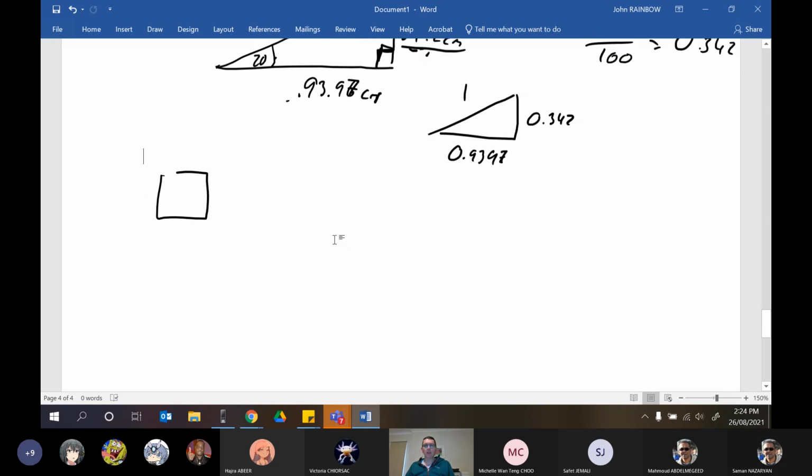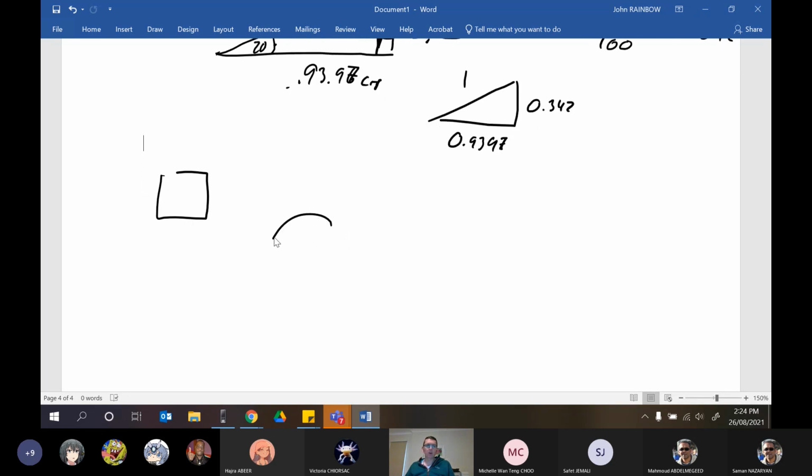Now we can do it a lot more easily by the use of a unit circle. And that's what we're going to look at later on. We're going to look at, okay, if I have a circle here, the radius of 1, and that makes 20 degrees, what's my height? That's going to be my opposite, which would be my y coordinate, which is actually sine theta.